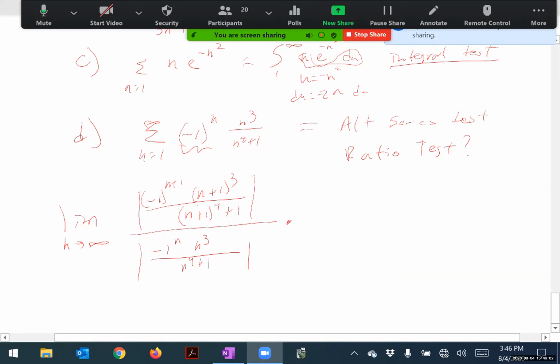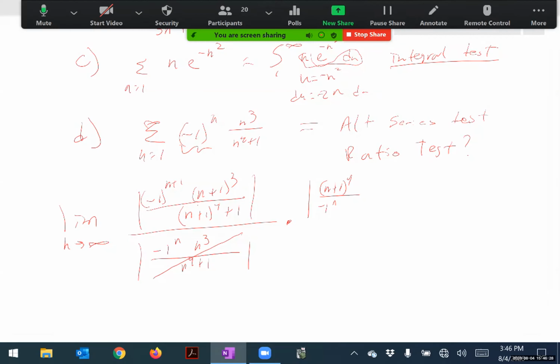Okay, so then this is going to be n plus 1 to the fourth, all over -1 to the nth, times n cubed.